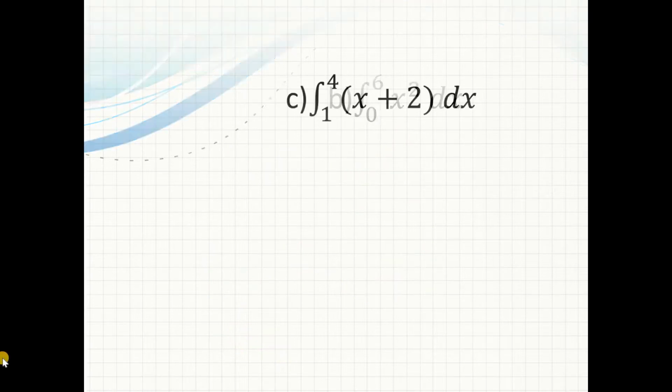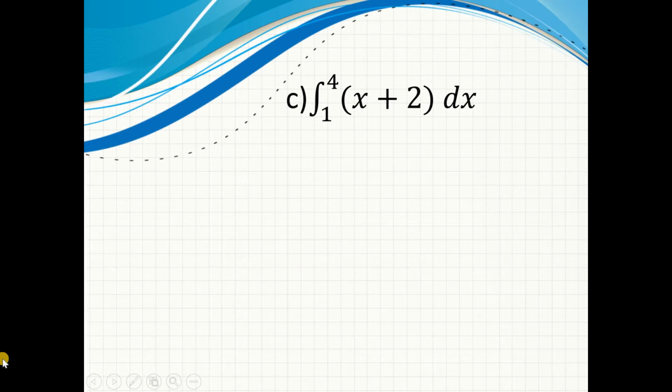Let's see another one. Exercise number C, integrate from 1 to 4 of (x plus 2) with respect to x. First step is integration. Integrate from 1 to 4, it's definite, x plus 2, dx.